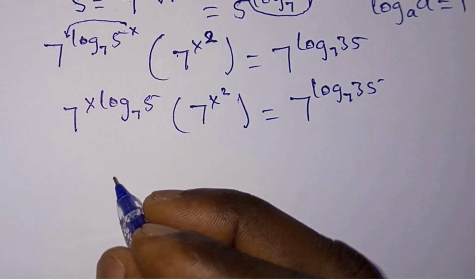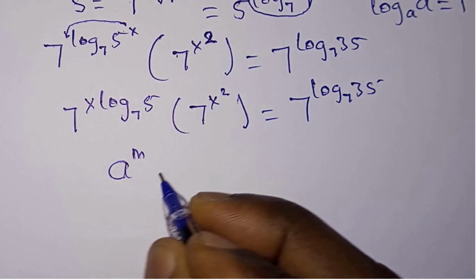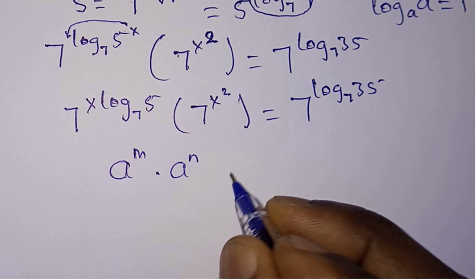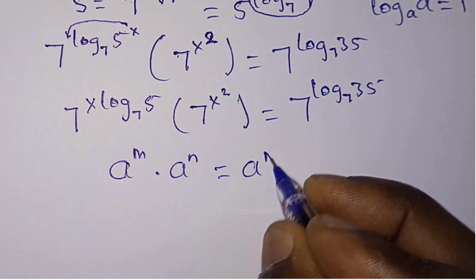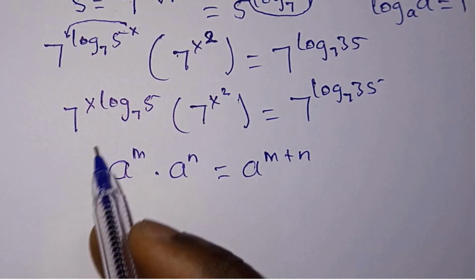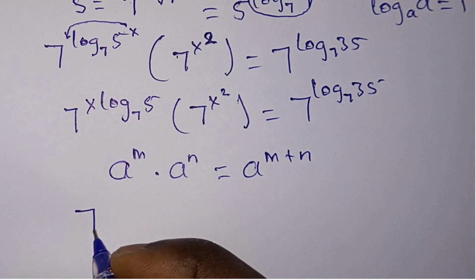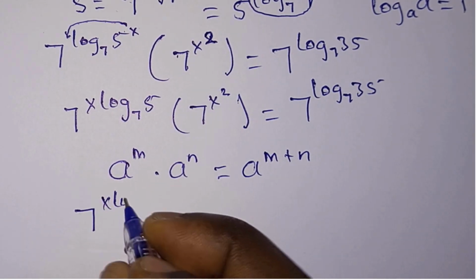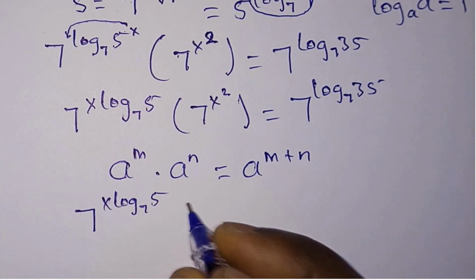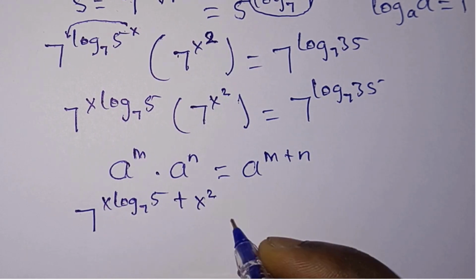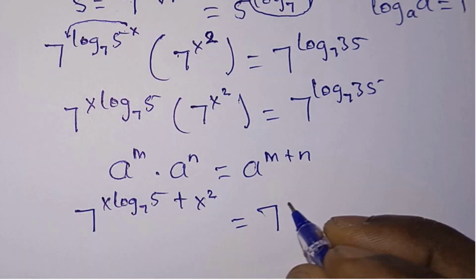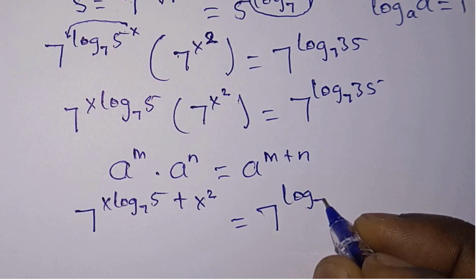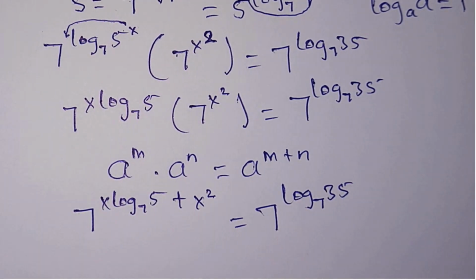Then we apply a power rule which says that a to the power m times a to the power n is equal to a to the power m plus n. So we can write this as 7 to the power x log in base 7 of 5 plus x squared is equal to 7 to the power log in base 7 of 35.